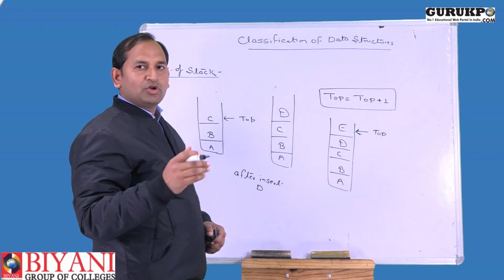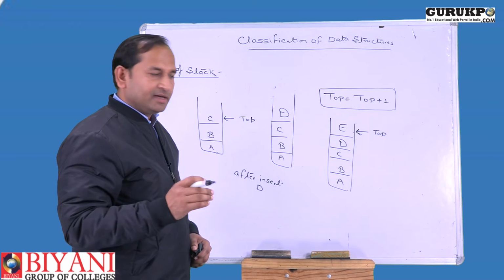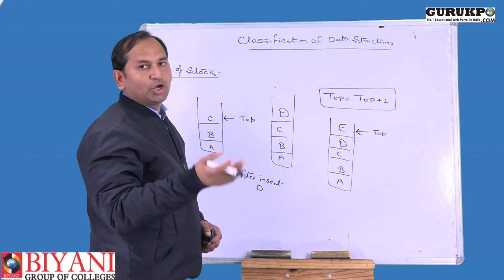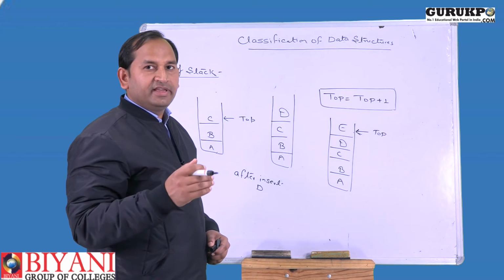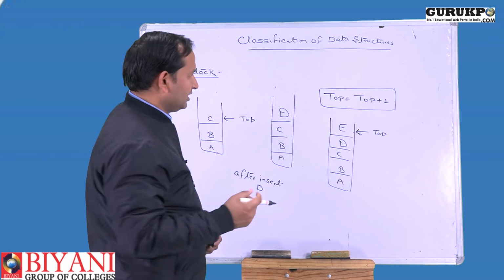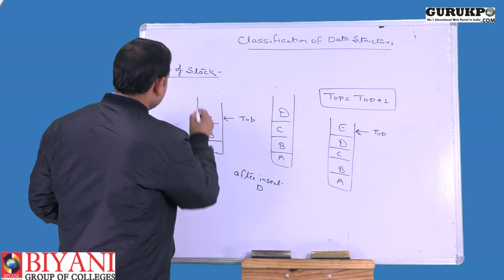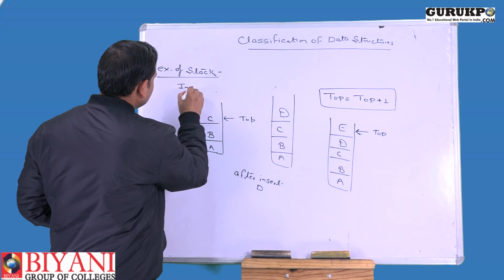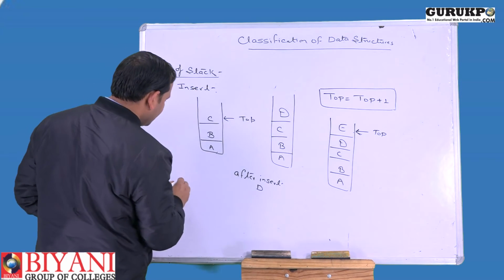And similarly, suppose we want to delete an element from the stack, it will be removed from the top of the stack. In this case, top will be decreased by 1. This is the condition for insert, and condition for deletion.